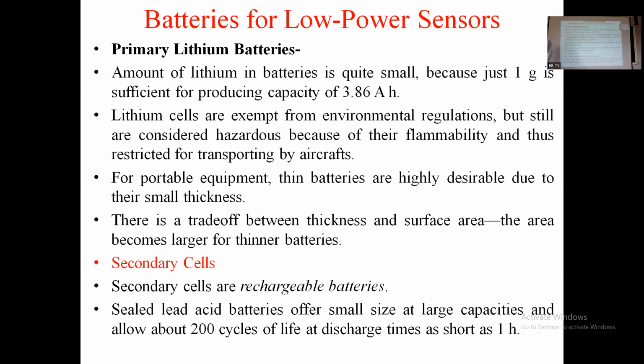The component is used for minimum time, so the discharge time is as short as 1 hour, because its size is small and its power delivering capacity is more.